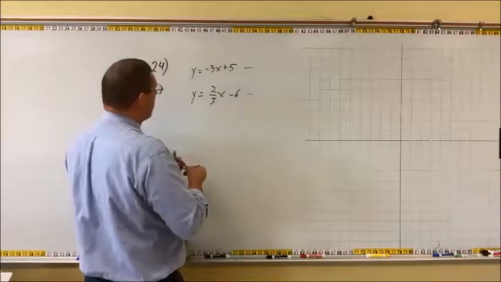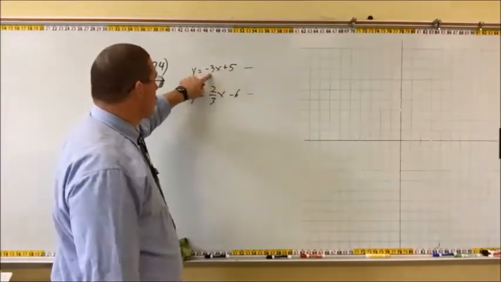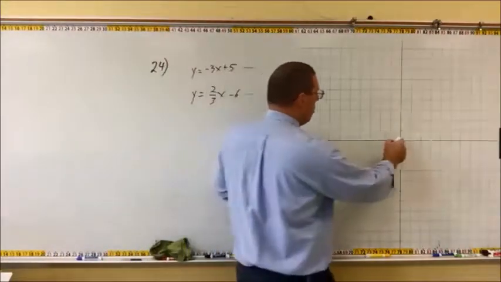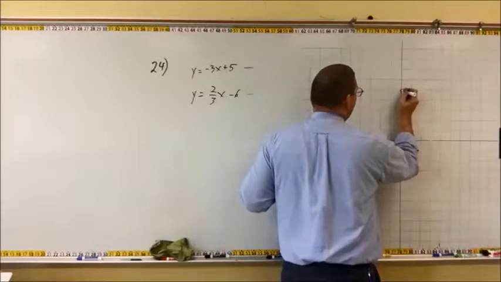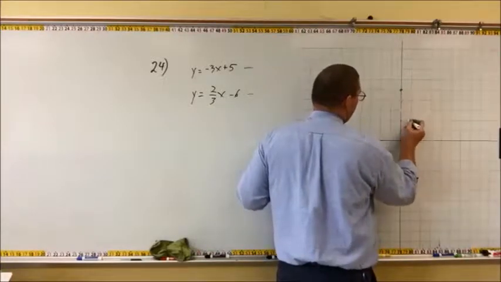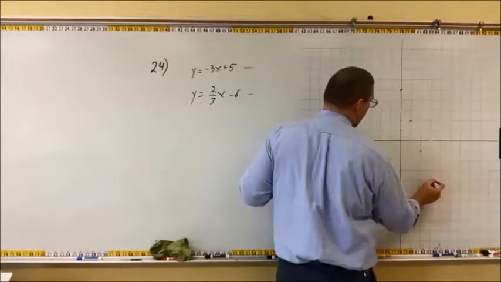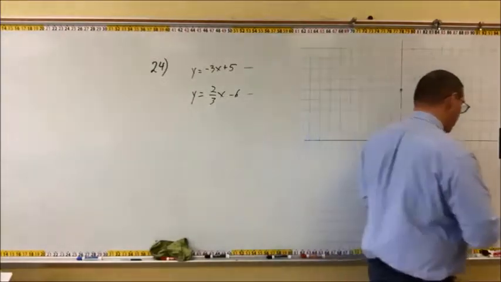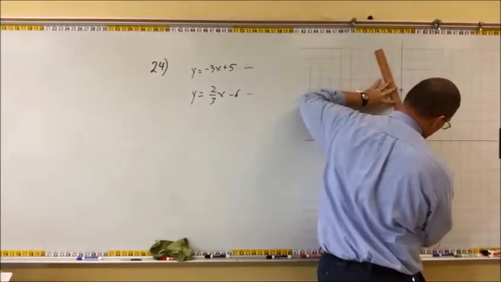Okay? So this one has a y-intercept of 5, slope of negative 3. That means it goes down 3 over 1, down 3 over 1, down 3 over 1. We grab a yardstick here, and I'm going to draw the line.